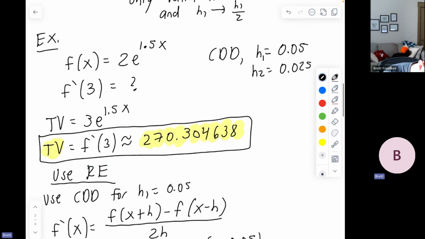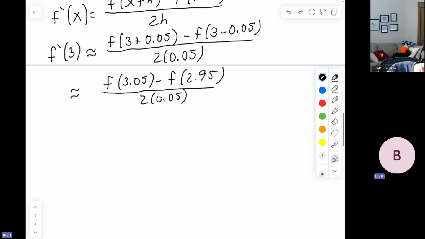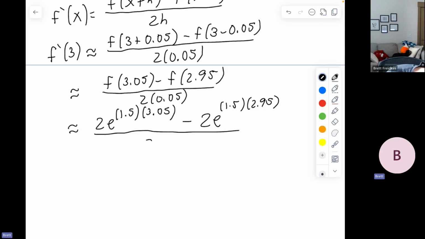So coming back to our original function, 2e to the 1.5x, this is the same as 2e to the 1.5 times 3.05, minus 2e to the 1.5 times 2.95, divided by 2 times 0.05.